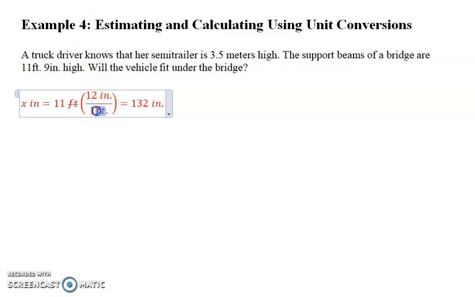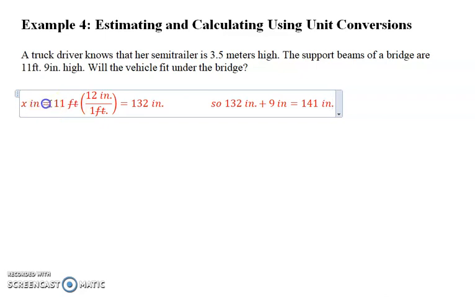And don't forget about the other 9 inches that we have to add in. So 132 inches plus 9 inches is equal to 141 inches. So the first section, what I've done is I've changed my feet to inches, and you guys know how to do that quickly by just multiplying by 12. And then don't forget to add the leftover inches, the 9 inches, and we get 141 inches.